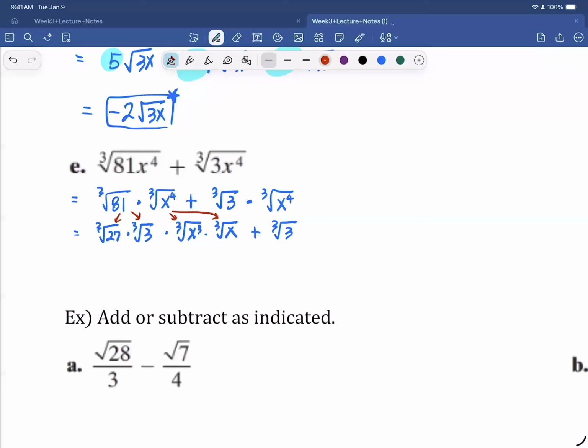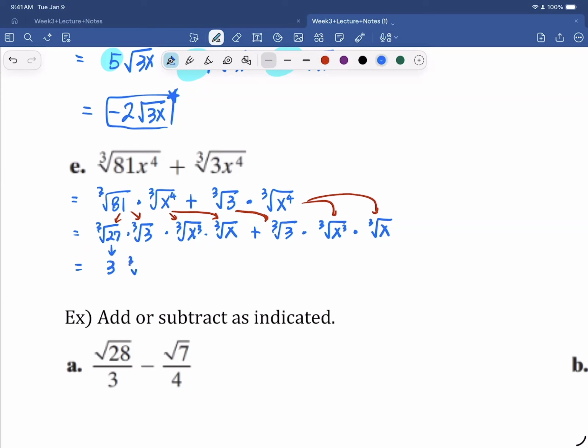Okay, so and then times, oops, root of x cubed and then x. Right? So this one is that, and then that one, and then that one. So as you can see, this one is 3, right?